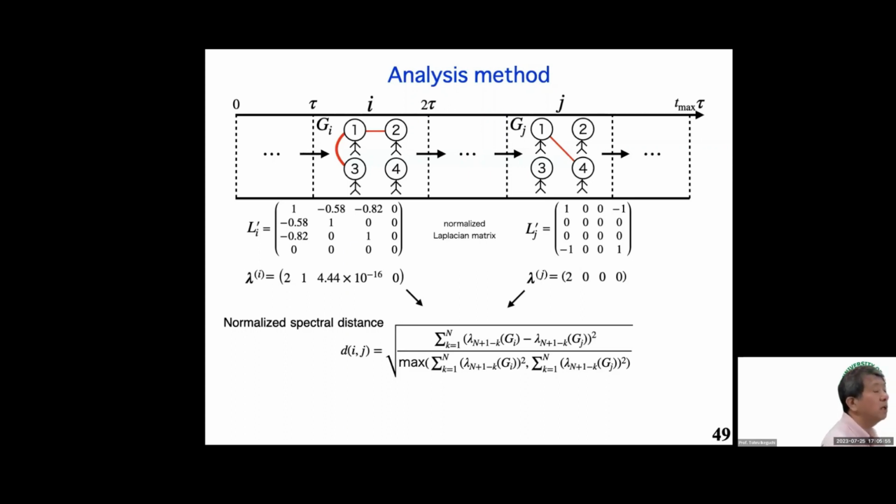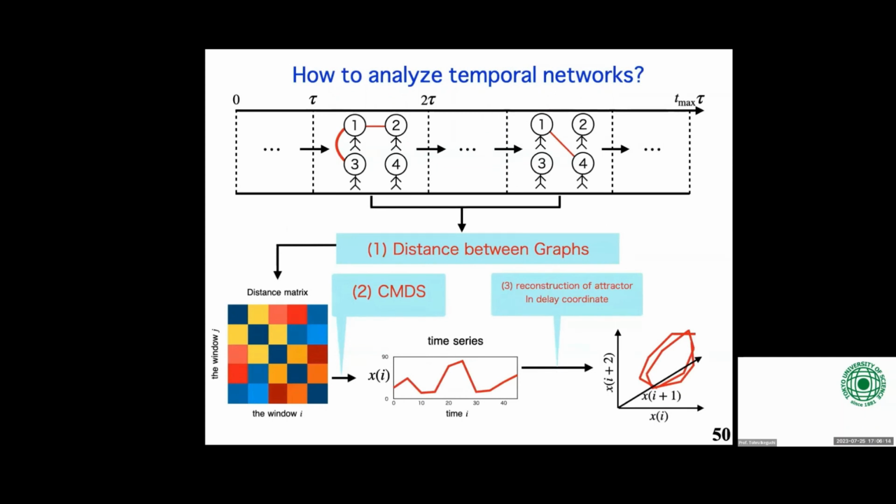Of course, there is another definition of the distance, but in today's talk, I will only show the results of using this spectral distance. Next, the relationship between the state values is analyzed by applying classical multidimensional scaling, CMDS, to the obtained distance matrix.